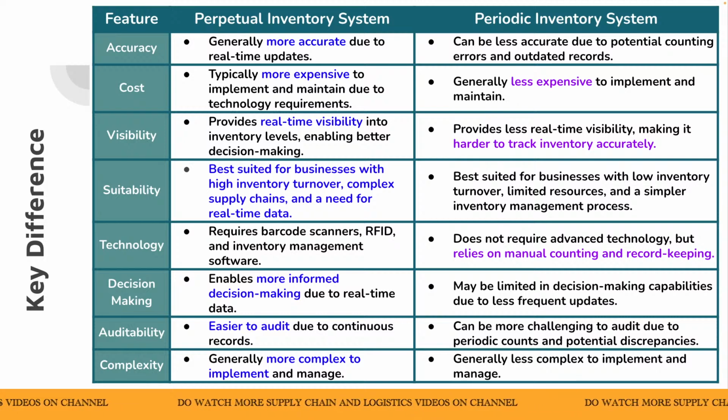If you go to the periodic inventory system, these are best suited for the business with a low inventory turnover and limited resources, obviously, because you don't have resources in terms of money and labor, and you just want a simple inventory management process where you don't put in much effort.